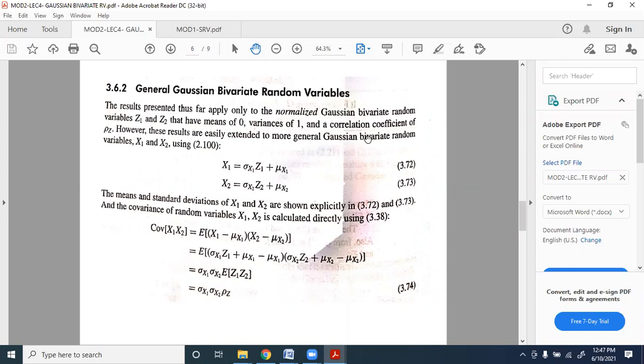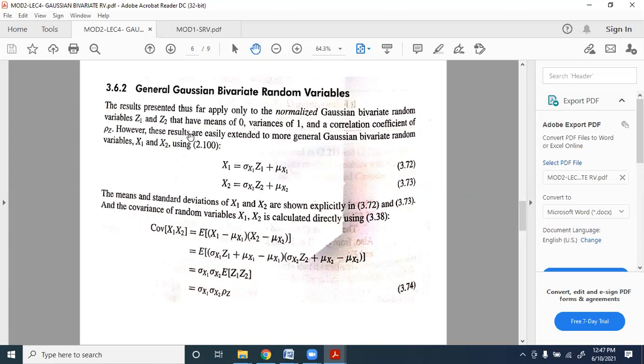The correlation coefficient is equal to rho Z, and this correlation coefficient itself is equal to the correlation as well as the covariance in the case where we have taken a normalized Gaussian bivariate random variable.